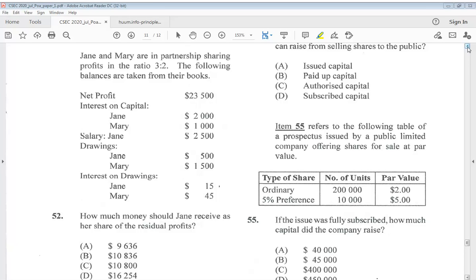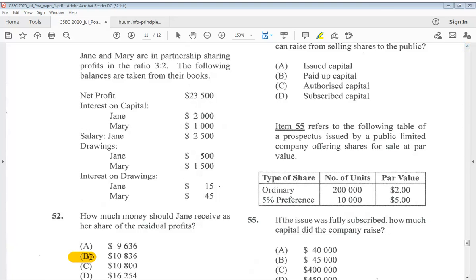So Jane would be 3 out of 5 parts of the remaining profit residue, which was $18,060. So 3/5 of $18,060 is 10,836. So B would be your answer.